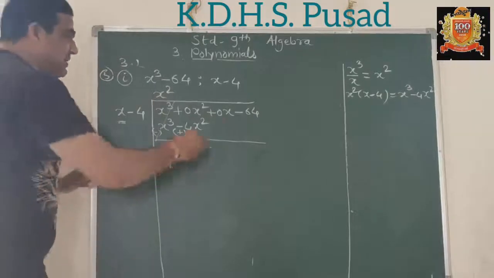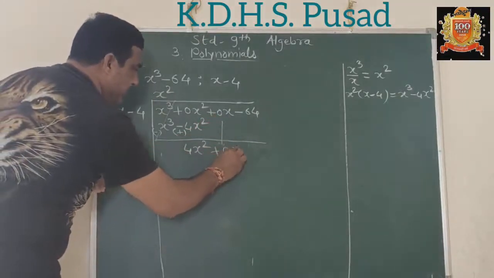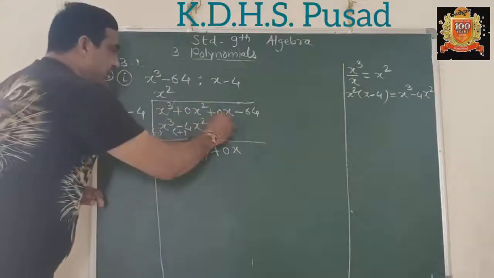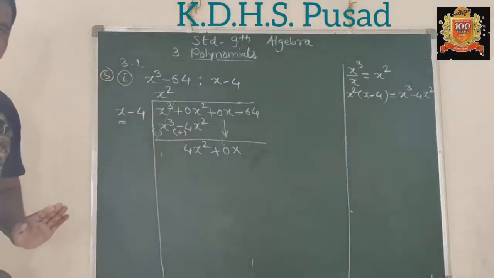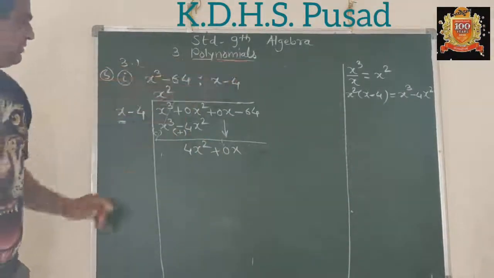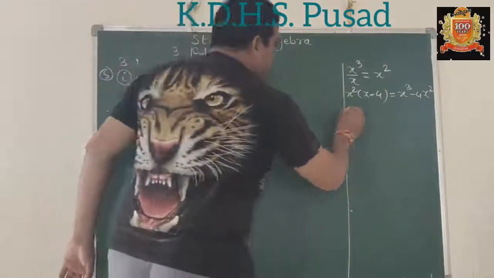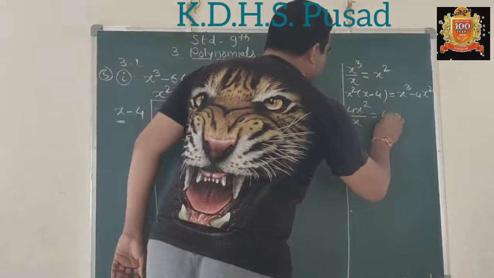Now take the next term below, plus 0x. Again the same method: the first term divided by the first term. So 4x square by x, the answer will be 4x.